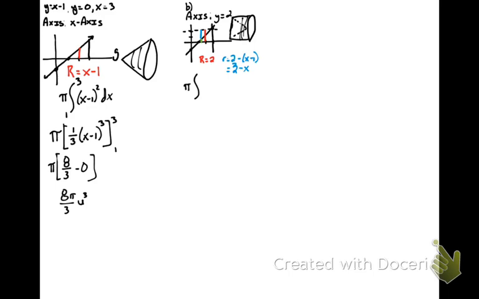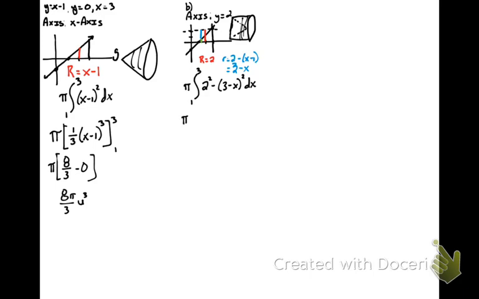It'll be pi times, still running from 1 to 3. Big R in this case is 2, so we'll have 2 squared minus (3 minus x) squared dx. Right? Our circles are oriented horizontally, they're stacked horizontally, so everything is in terms of x, at least the way we're looking at it.